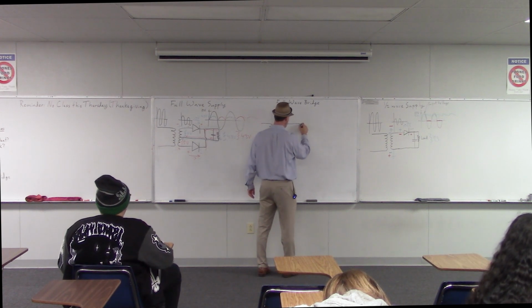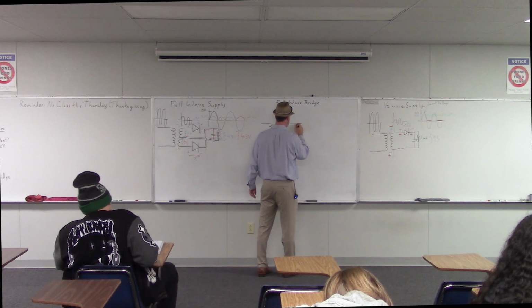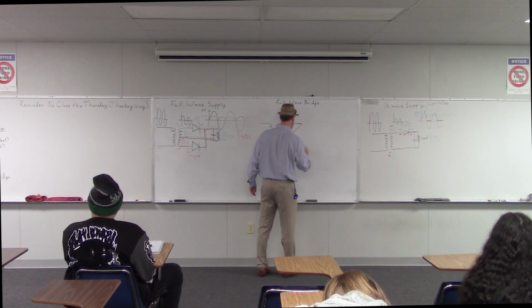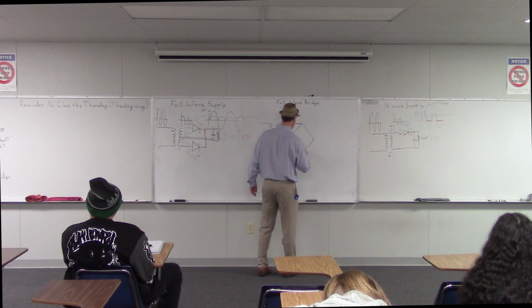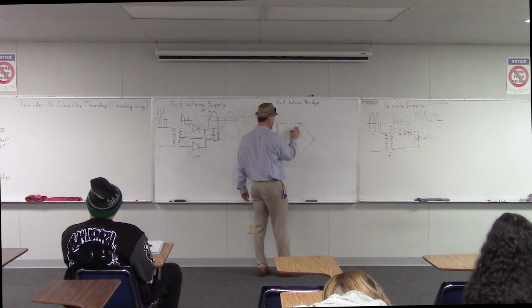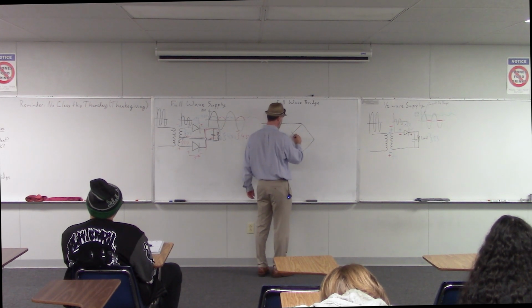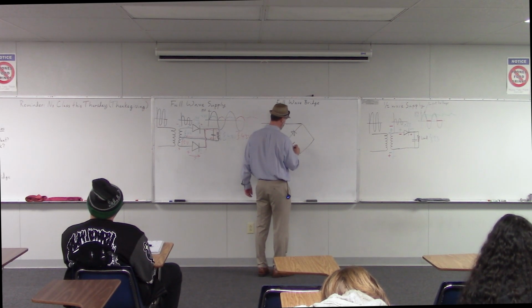So this one is called a bridge rectifier. So the way I do it is that I draw it like a diamond here, and then there's a diode on each side of the diamond, and they all point to the right, more or less.